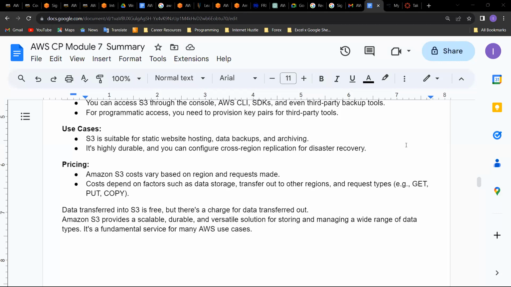The request types are GET, PUT, and COPY. GET is for retrieval, PUT is for adding, and COPY is for data replication. Data transferred into S3 is free, but there is a charge for data transfer out.